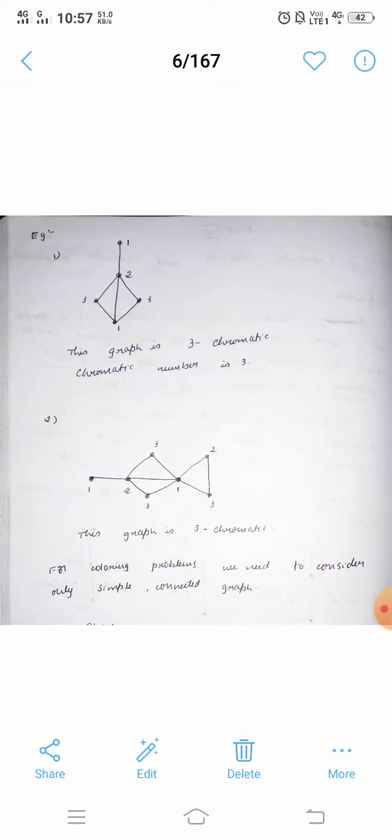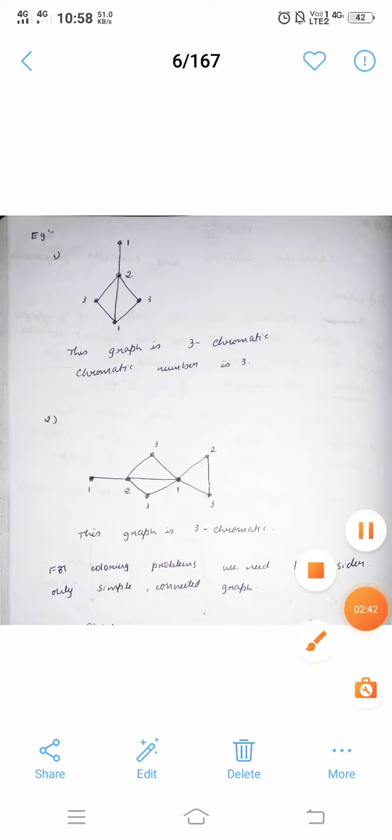In this chromatic number concept, we assume that the graph is a simple connected graph. Suppose if the graph is disconnected, if it has two components, the two components are connected graphs, right? So instead of considering the disconnected graph, we are considering only the connected graph.